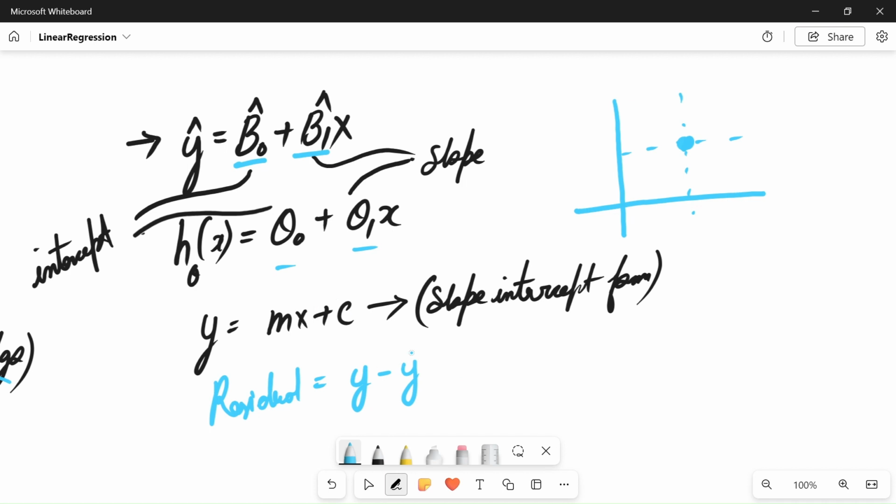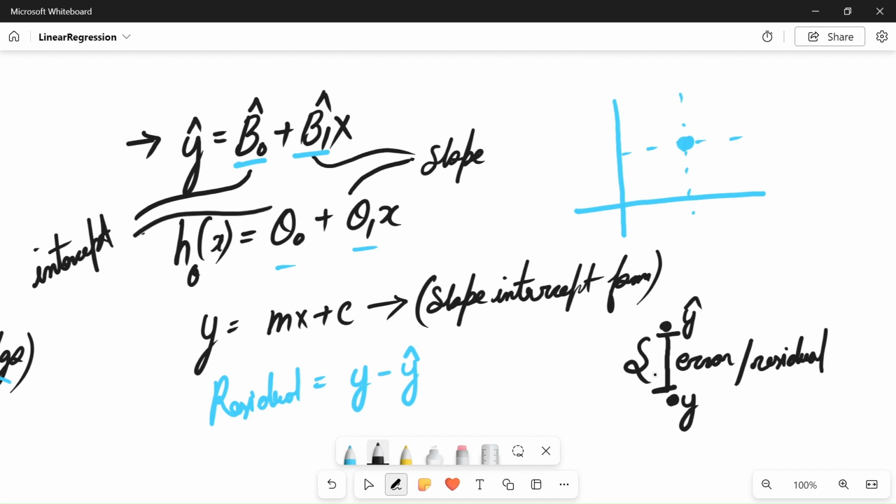If this is your true point and this is your estimation, then this is the error. This is y, this is y hat. This length is the amount of error in your model. Error, or residual, is a regression specific term.